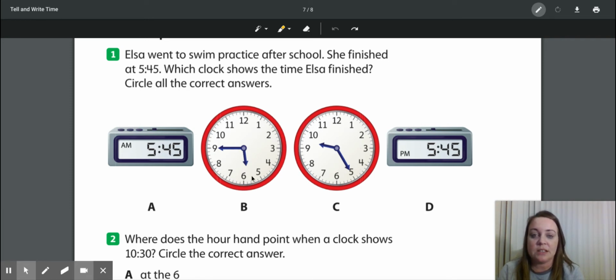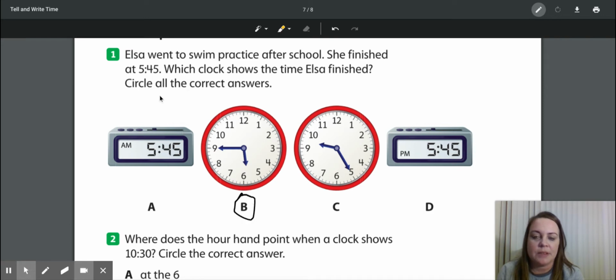Then for minutes, I go back to the top at the 12, and I count by 5s. 5, 10, 15, 20, 25, 30, 35, 40, 45. So my hour was 5, my minutes are 45. Yes, B is the correct answer, so I would circle B.